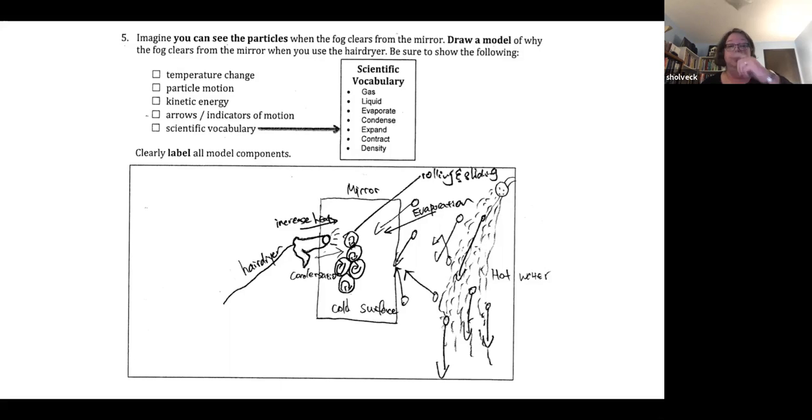And this one is also showing a hair dryer that's blowing on that to actually kind of re-vaporize that water that's condensing on the mirror, because this is an example of, we ask them to draw a model of why the fog clears from a mirror if you use a hair dryer.